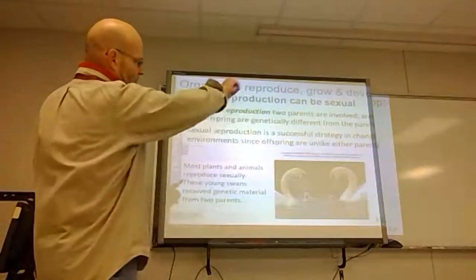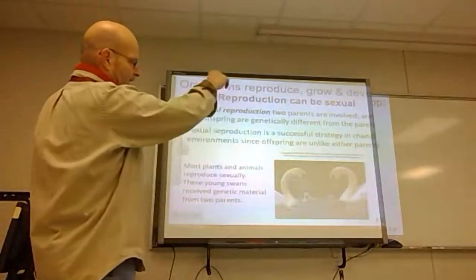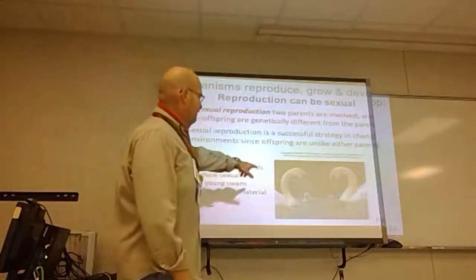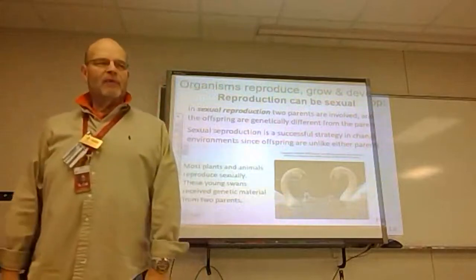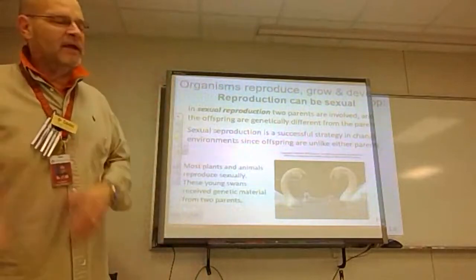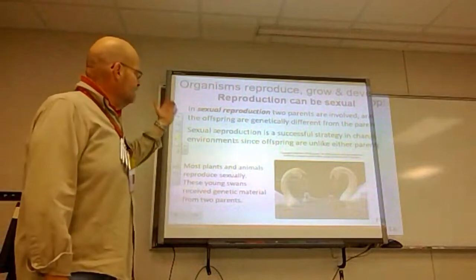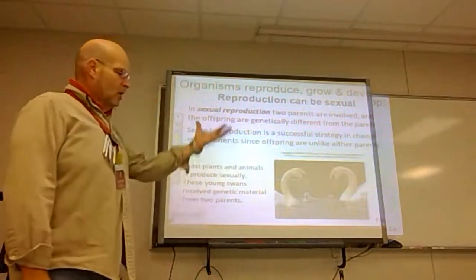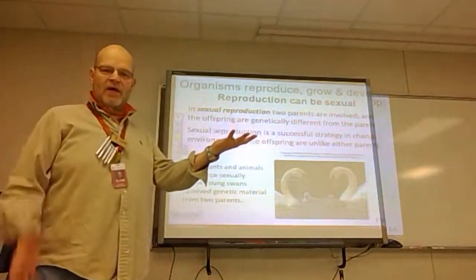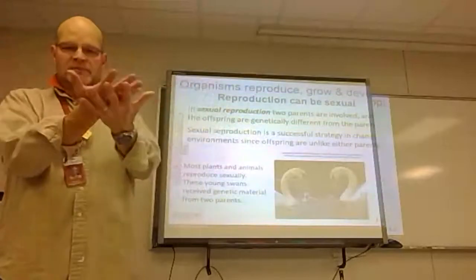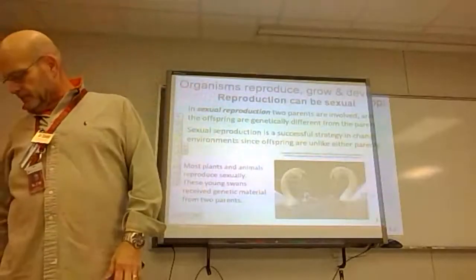You see how the male swan has the much more sort of candy cane shaped neck than the female does. As I recall, that's one of the characteristics for telling them apart. But sexual reproduction: you get one cell from the father, one cell from the mother. It comes together, makes the baby.